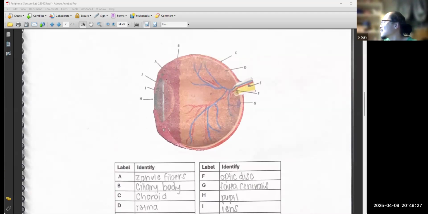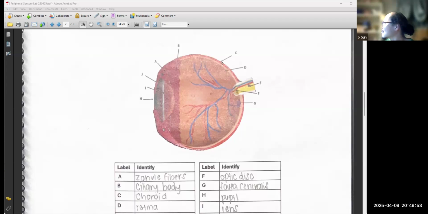This one connects with the fibers that hold the lens. So A is the zonular fibers that hold the lens. B is the ciliary body. C is the outer portion, choroid.